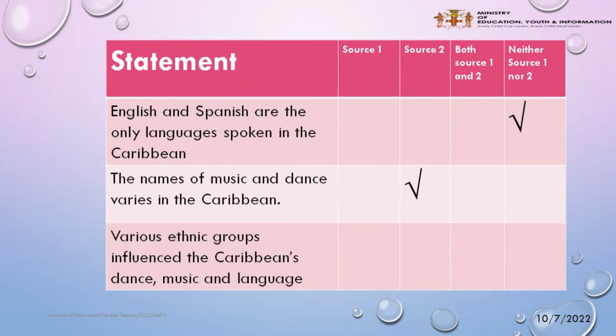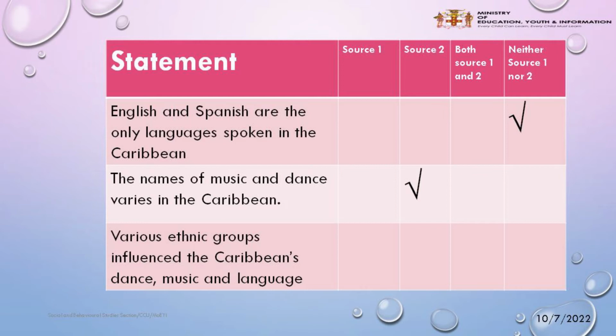And the last statement we will look at reads, various ethnic groups influenced the Caribbean's dance, music, and language. Does source 1 support this? Is it source 2? Do both source 1 and 2 support this?